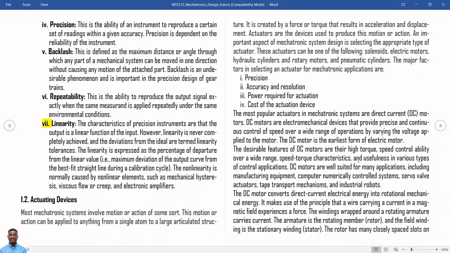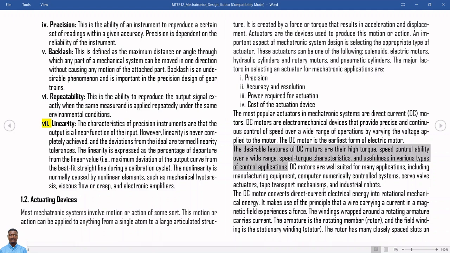So those are the major desirable characteristics of your DC motor. That is why you find them most commonly used in your mechatronic system designs.